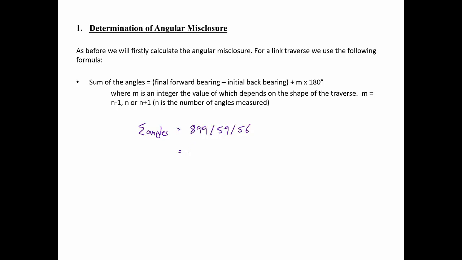So final forward bearing minus initial back bearing, 0, 0, 0 minus 0, 0, 0, plus m times 180. Remember, m is equal to n minus 1, n, or n plus 1. It just depends on the shape of the traverse measured, but what we'll do is just trial and error for this. Now, n is the number of angles measured. We've measured 4 angles. So m is either equal to 3, 4, or 5.